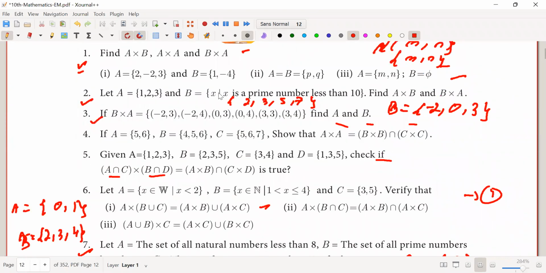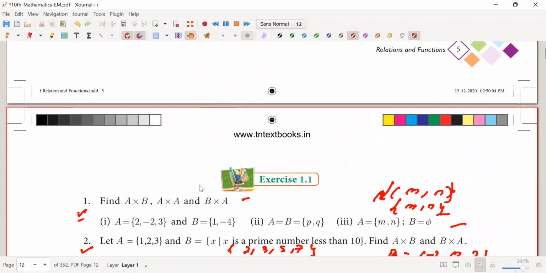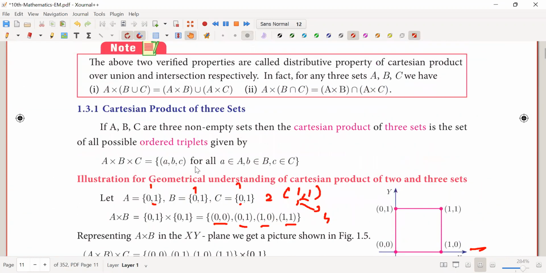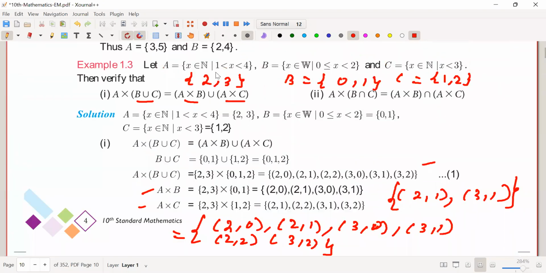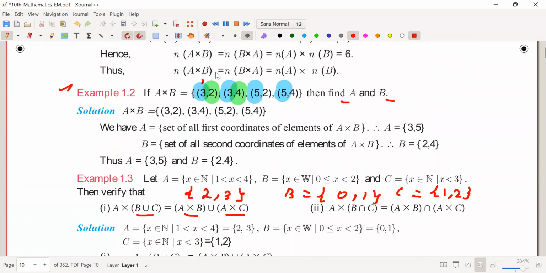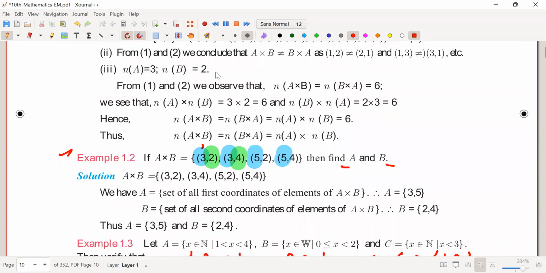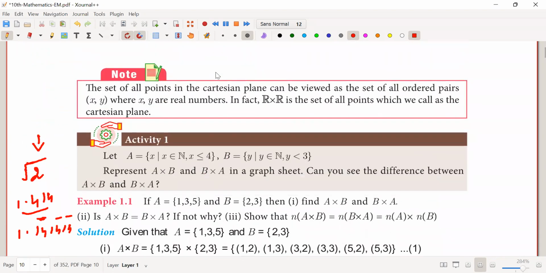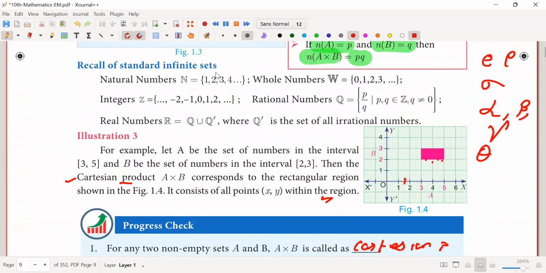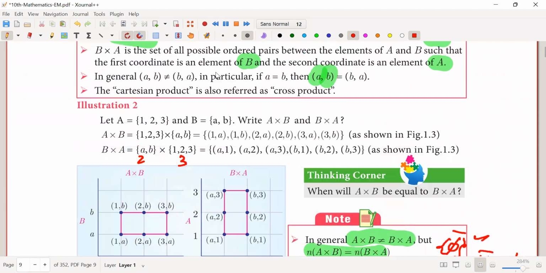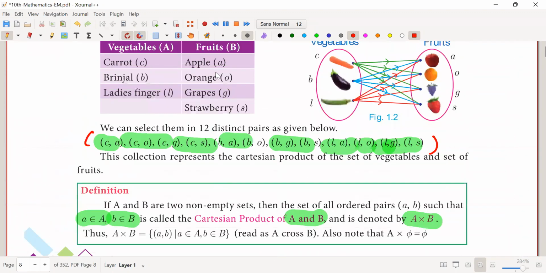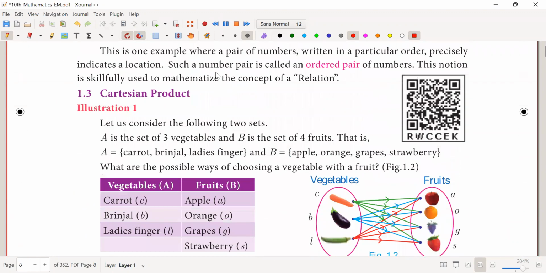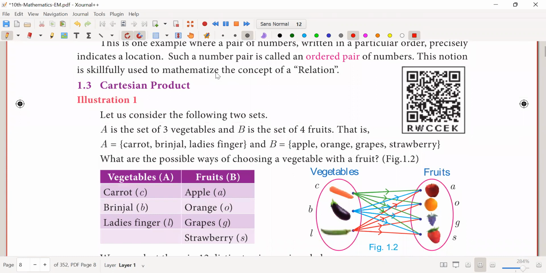What I'm going to do for you is, from this question, we have a lot of illustrations and examples. I'm going to combine all the illustrations and examples together. Illustration 1, we went through this.